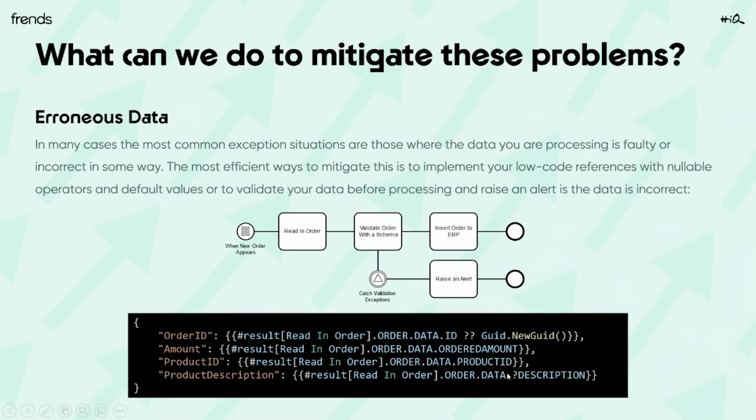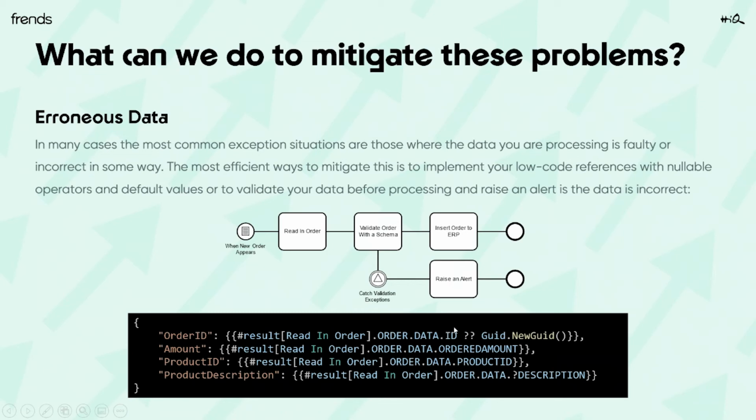And what the question mark is actually telling the Friends process is that if the description is missing, let's not end that part of the mapping in an exception, but ignore that we are missing that description value. And instead, what will end up happening is that we will end up with a null product description because it wasn't available.